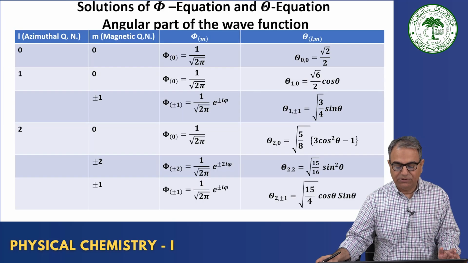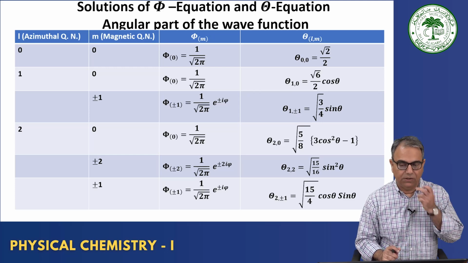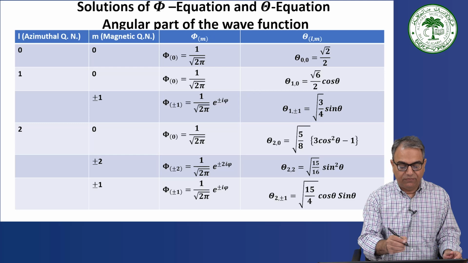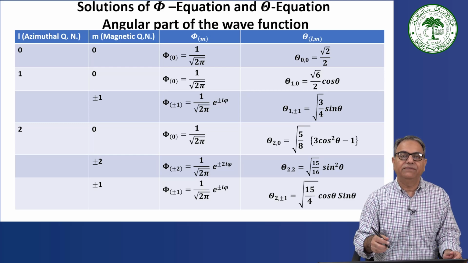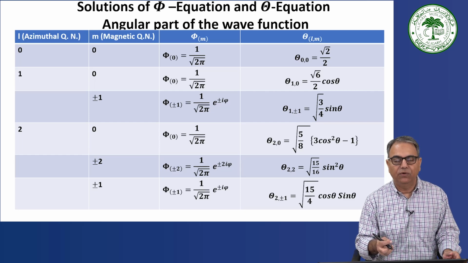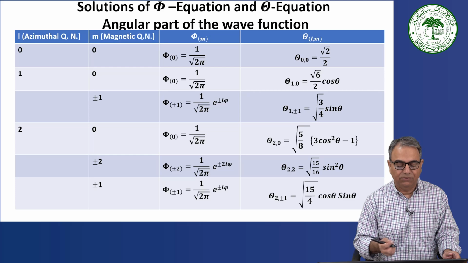If you use the same solution, we had this table also, the phi equation and the theta equation. So for m equal to 0, when we solve the phi equation we got the m value, that is the magnetic quantum number, and when we solve the theta equation we got the L value, that is the azimuthal quantum number.